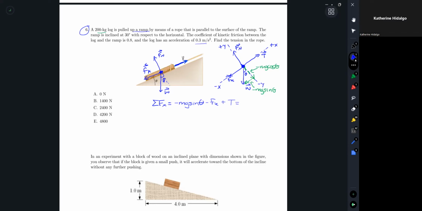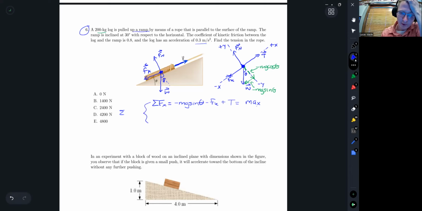Give it to me in symbols and variables. A. So the net force in the x direction is the mass times the acceleration in the x direction. Not just A, but we also need m, because this is one component of Newton's second law, which says if you have a net force on something, it will accelerate, and we can break that down in two components. So that's the first part.